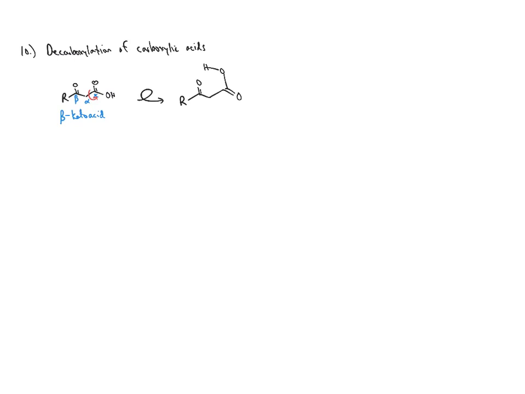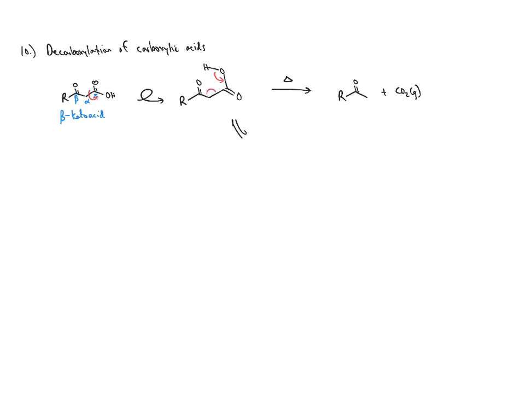And so what can happen here is that in the presence of heat, you can get a decarboxylation to occur to give you the ketone plus CO2. And so what does occur is you get a sort of aromatic-like flow of electrons.